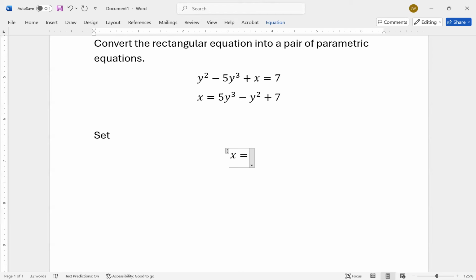So instead of setting my x value, I'll set my y value to be t, and then simply replace the y value with t in the x equals expression. I end up with 5 times t to the third minus t squared plus 7 as my x.